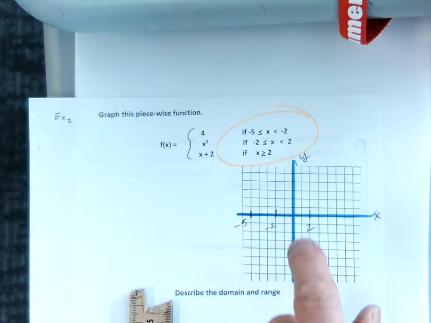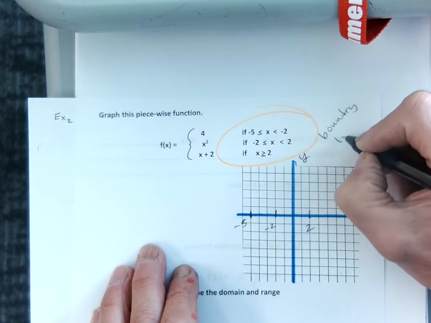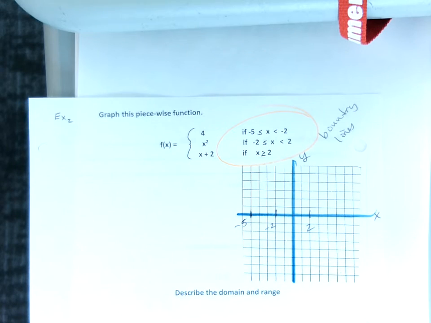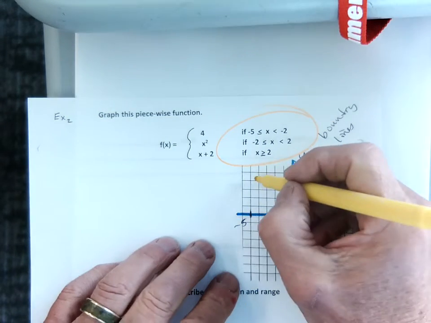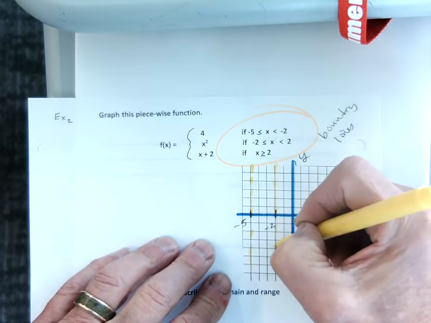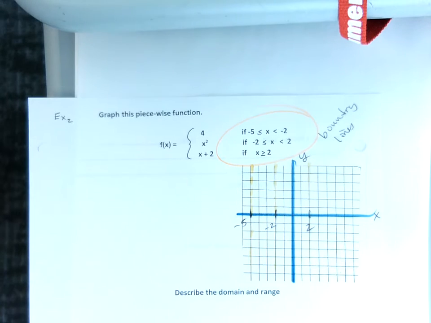So I found the boundary lines from here. And I'm going to put them in. They're invisible, right? Remember, they're invisible, but I'm going to draw them in anyway. So I got a boundary line at -5, boundary line at -2, and a boundary line at 2. All right?